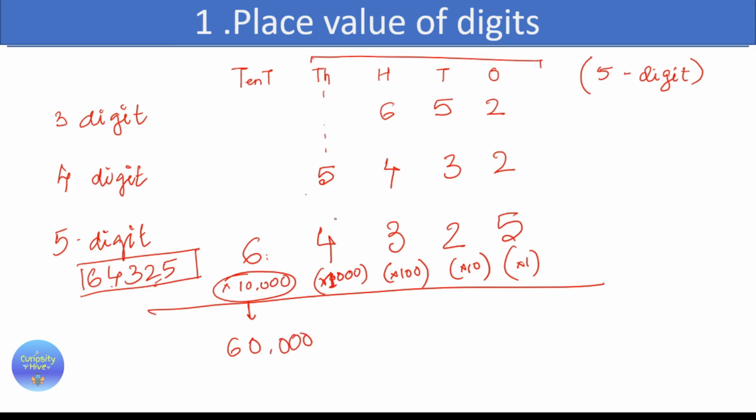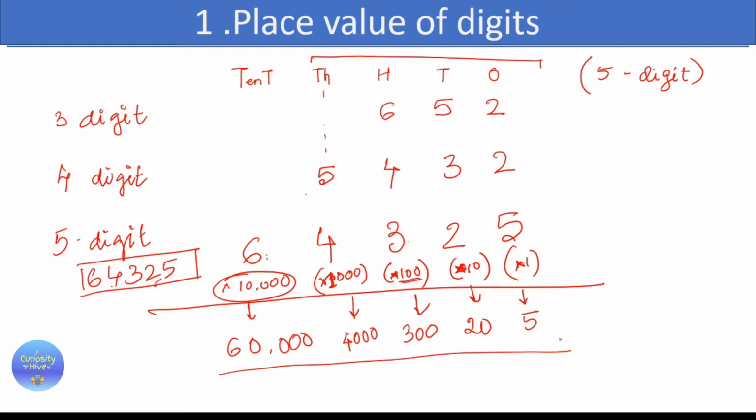The next is 4 thousands, but the place value of 4 would be 4 times 1000 which is 4,000. Similarly for 3 which is at hundreds place, to find the place value we multiply it with 100 and this will give us 300. For 2 we multiply it with 10 which is the place where it sits and it will be 20, and 5 we multiply with 1 which is the place where it sits and it will be 5.